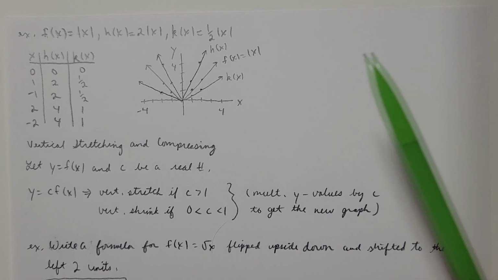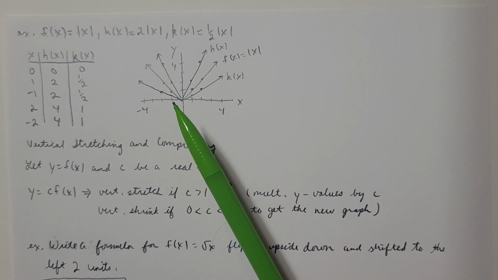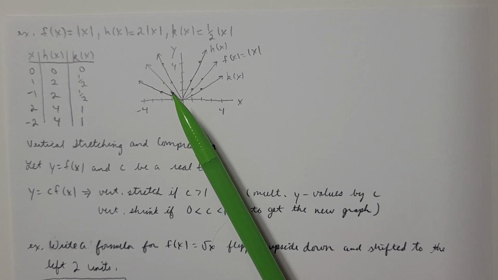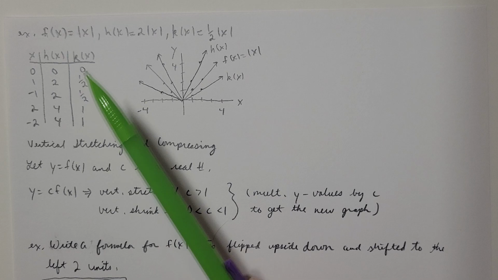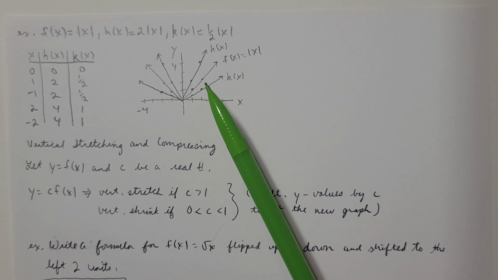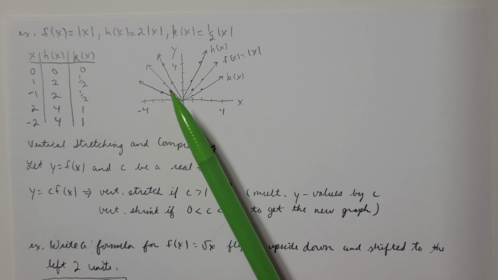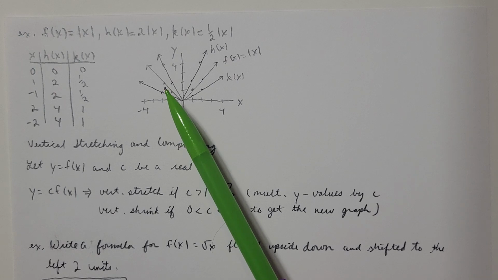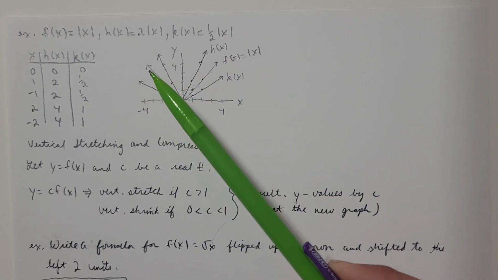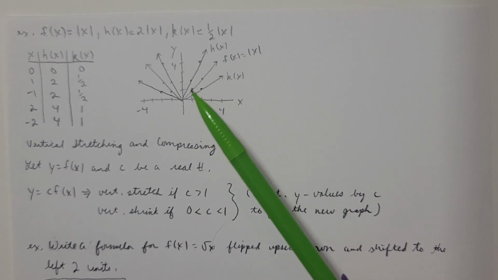If x is negative 1, the absolute value of negative 1 is 1, so there's negative 1, 1 on the graph. If x is 2, the absolute value of 2 is 2, so there's 2, 2 on the graph. And then if x is negative 2, the absolute value of negative 2 is 2, so there would be the point negative 2, 2 on the graph. Okay, and we have this V-shaped curve.